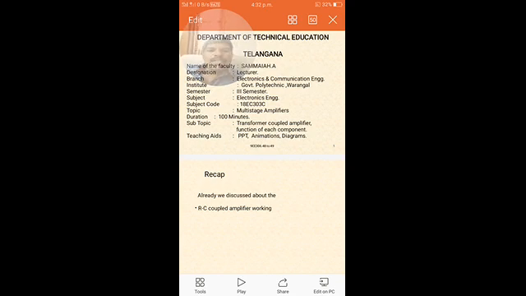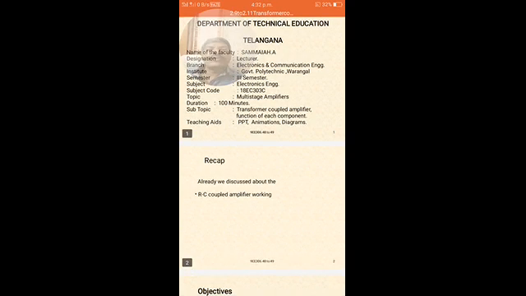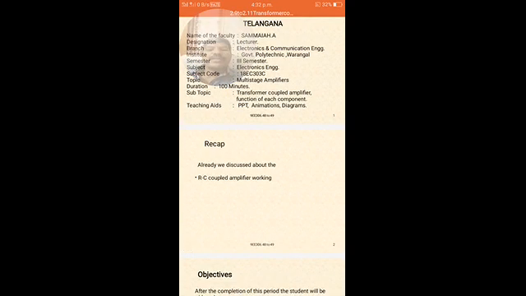By today's class you will be able to know the complete construction, working and frequency response of the transformer coupled amplifier.